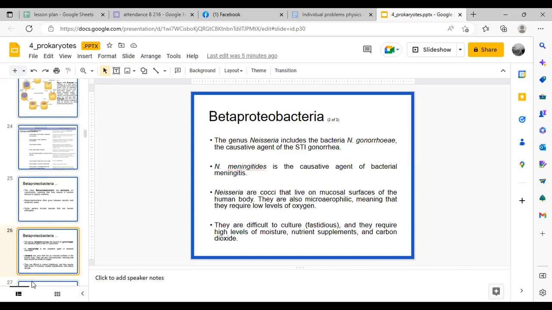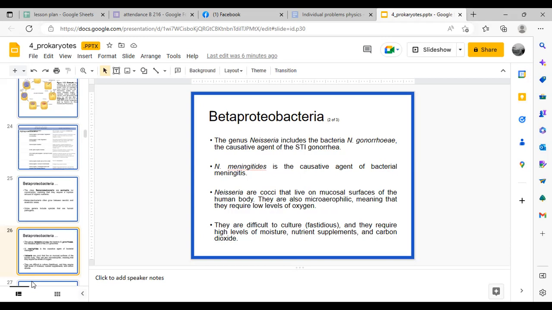So one of these beta proteobacteria, you have N. gonorrhea. So this is the causative agent of the sexually transmitted disease, gonorrhea. You have also N. meningitidis, meningitis.